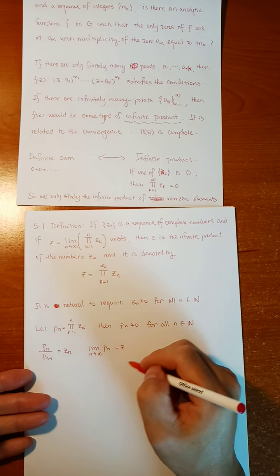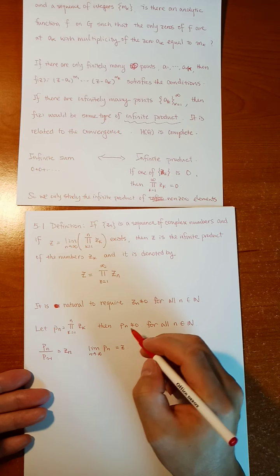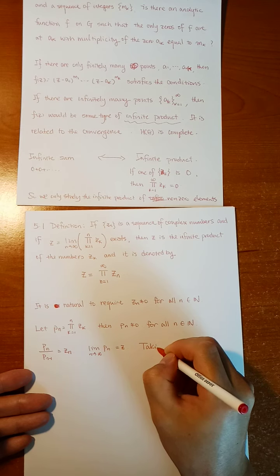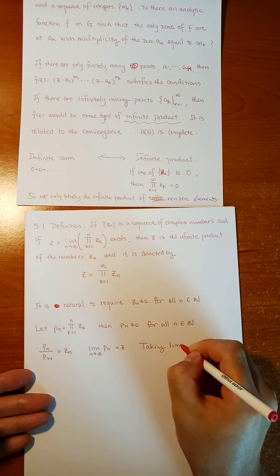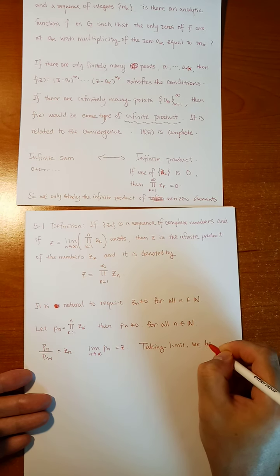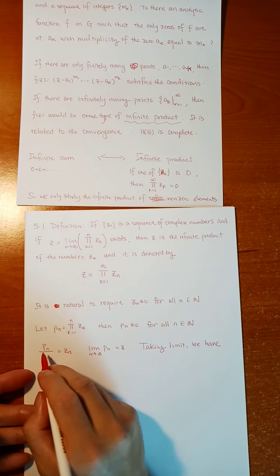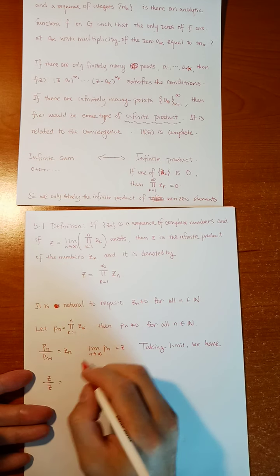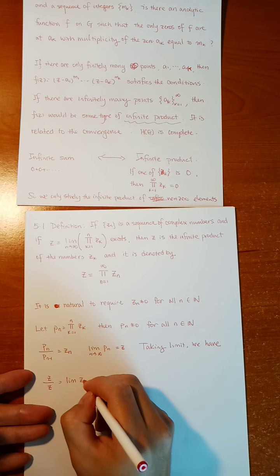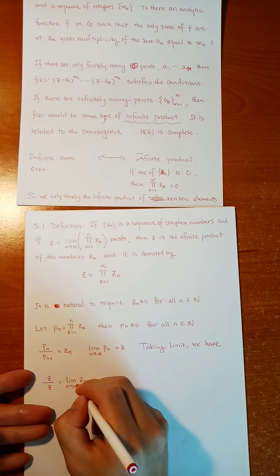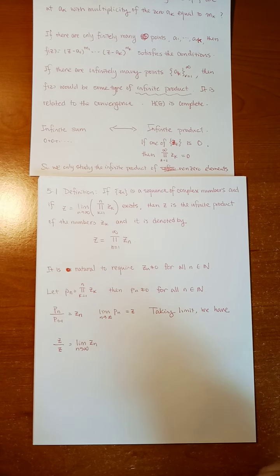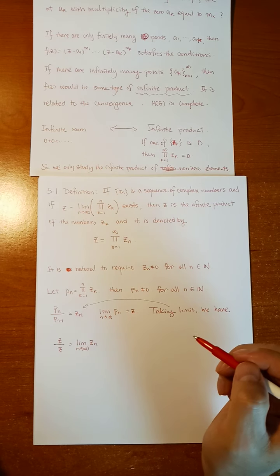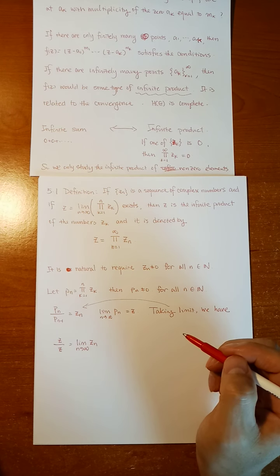Okay, and then since we assume the sequence Pn converges to Z, then you take the limit. Taking limit, we have the limit of Z over Z, the numerator and denominator, is equal to the limit of Zn. So when you take the limit of this condition, what do we get?